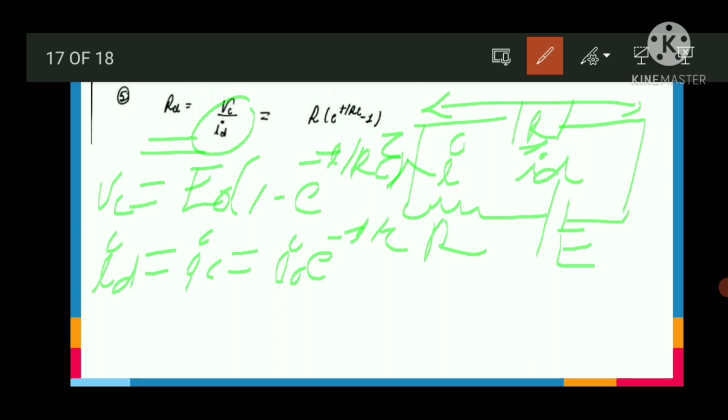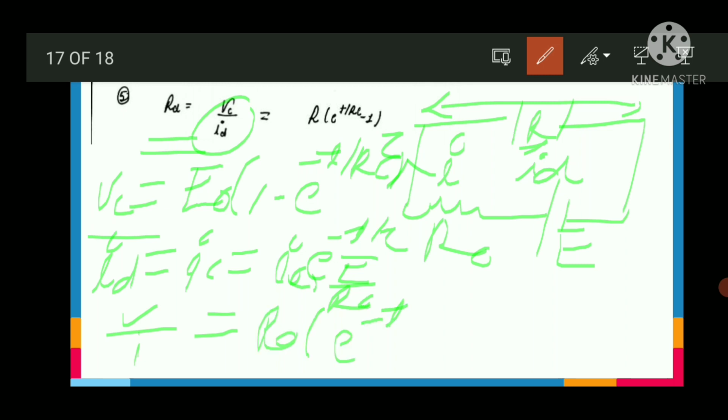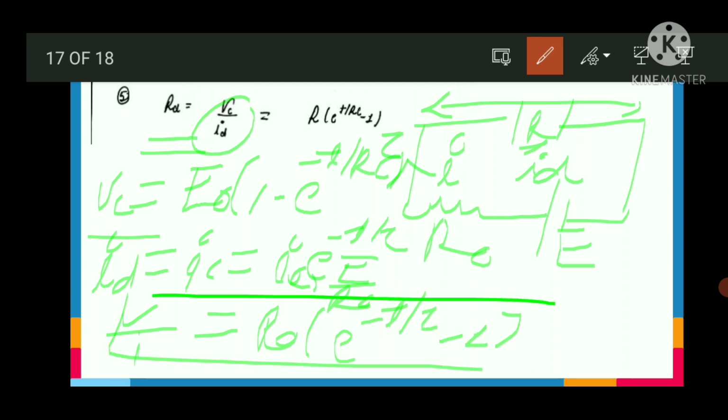Dividing these two, V by I, we use I naught equals E by R, let's say this is R naught. So V by I gives R naught times e to the power t by tau minus 1. I hope this question is clear to you. We can see the displacement resistance also decreases exponentially.